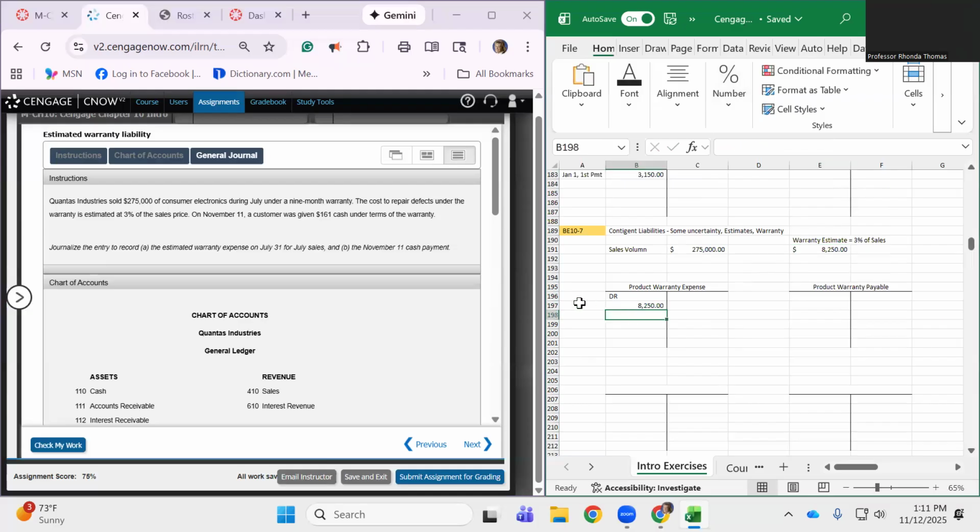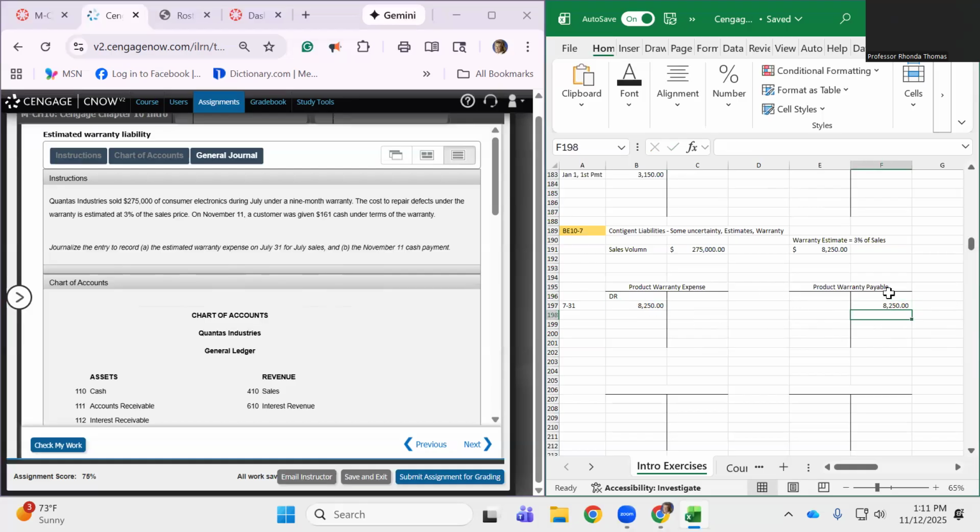So this is going to happen during July. So, record the estimated warranty expense on July 31st. Okay, so this is going to be July 31st that we are going to record this. And we're going to put the 3% of sales in the expense account, and we're going to offset it in a payable, and we wait.